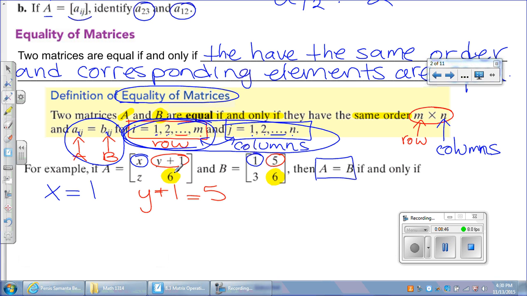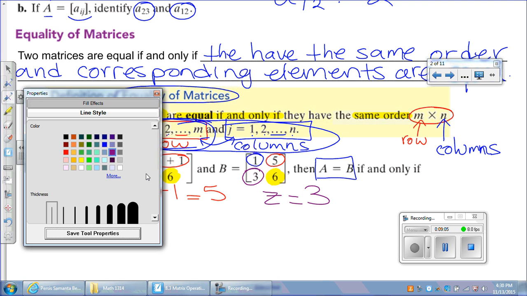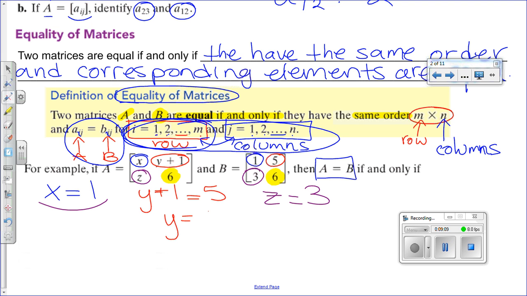So we can also say that Z is equal to 3. So if we have that, then we know that matrices A and B are equal. So just to finish this problem, we have X is equal to 1. And here we will say that Y is equal to 5 minus 1, so Y is equal to 4.